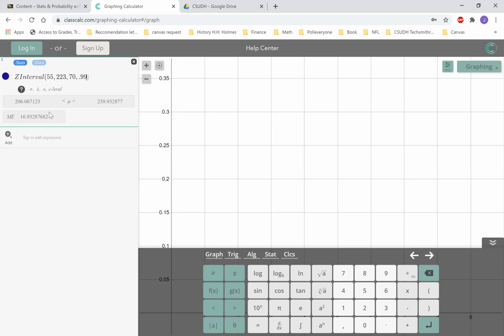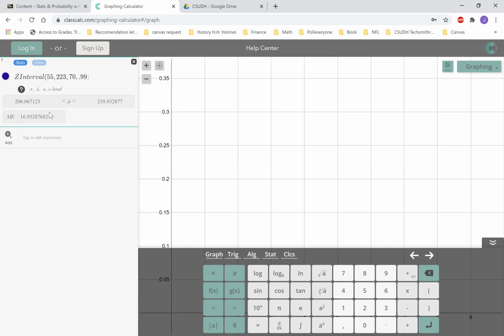So for 99%, we get 206.07, and we get 239.93. And if you actually look at part A, they want you to find the margin of error.